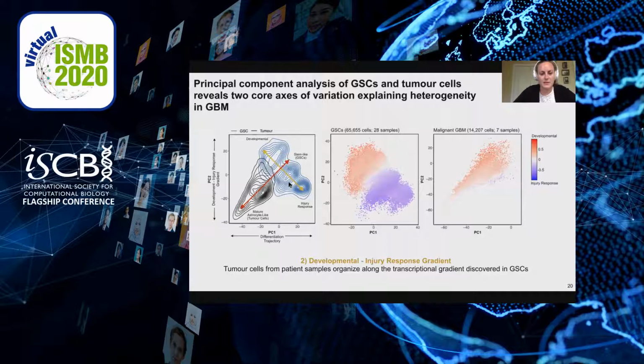What we found was that it was actually the same transcriptional gradient that we found previously in the GSCs, which shows that the GSCs go from this developmental to injury response state, which I talked a lot about earlier in this presentation. But we also see that these primary tumor cells express these inherited phenotypes from the GSCs, where they also look like the developmental or injury response-like cells.